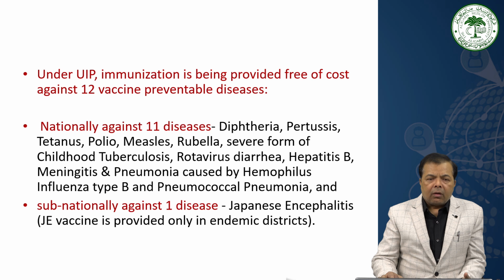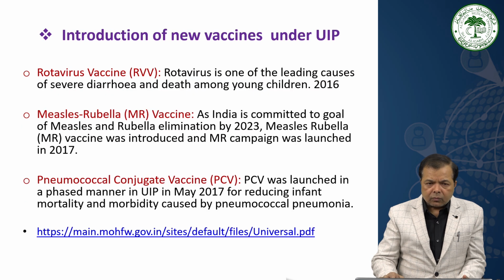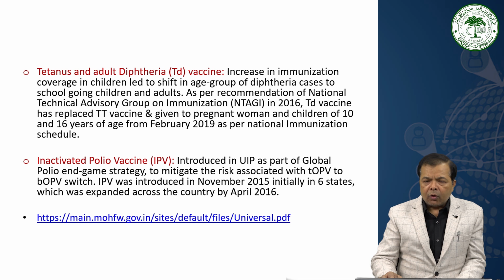As of now, the UIP includes vaccines for 11 types of disease, and some new vaccines have also been included. I have mentioned the names; you can have a look at them. We cannot talk about these because we are not left with enough time, but they are self-explanatory.